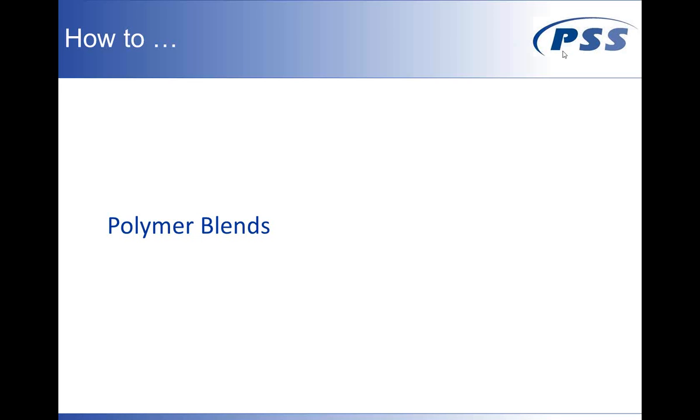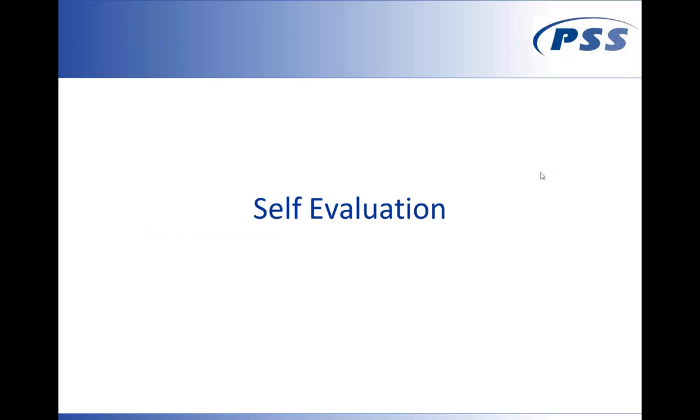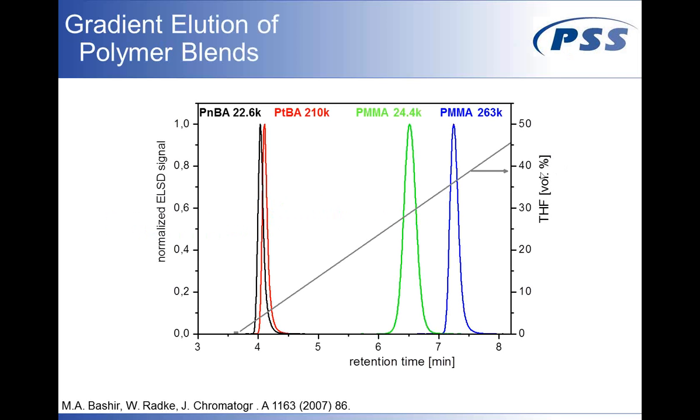But to my understanding, the selection of choice is gradient chromatography. Here is shown an example, a blend or a mix, and actually it was not a mixture, it was individual components.